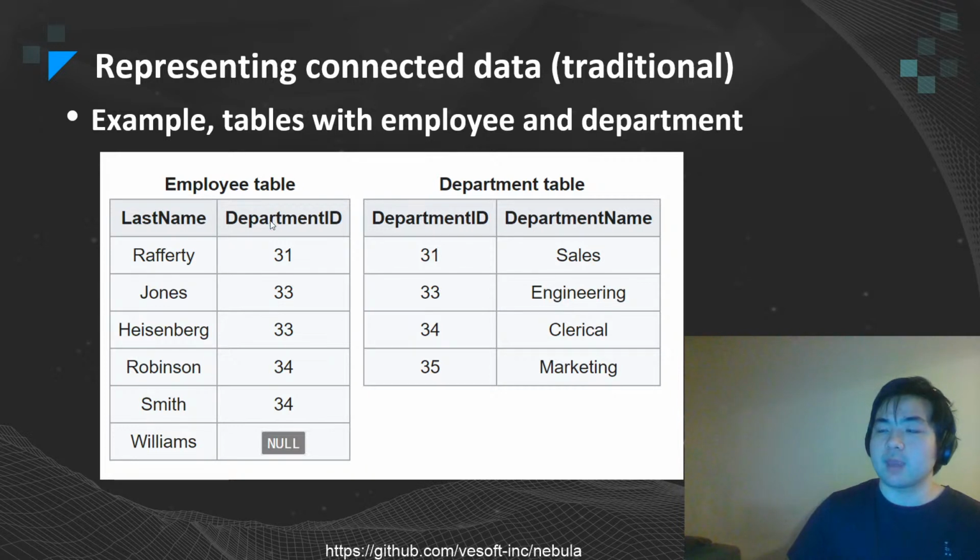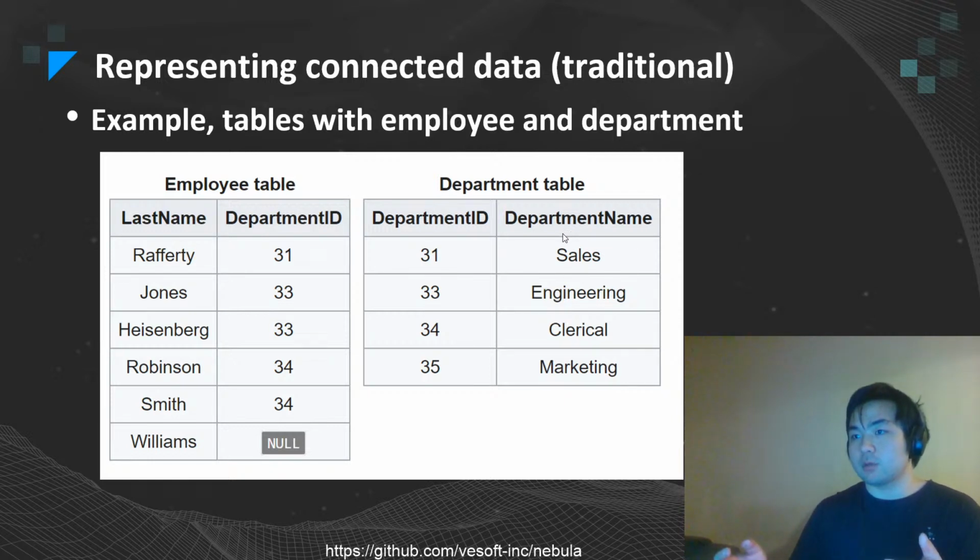Here, we have 2 tables. One is the employee table and one is the department table. In the employee table, we can define the employees' names and the department ID. And the department table has the department ID and the department name.